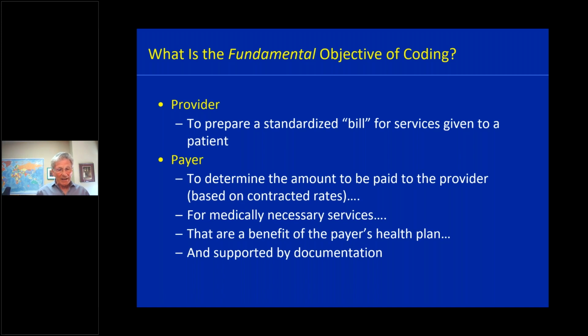From the payer side, what they're going to look at is how much do they pay you, and that's based on, in Medi-Cal and Family PACT, a rate schedule, which is published and available on the internet. With other payers like HealthNet, for example, that may be based on a contracted rate. It's also to evaluate whether or not the services that were provided were medically necessary, whether they're actually a benefit of Family PACT or Medi-Cal, and of course, they have to be supported by documentation. Next slide.